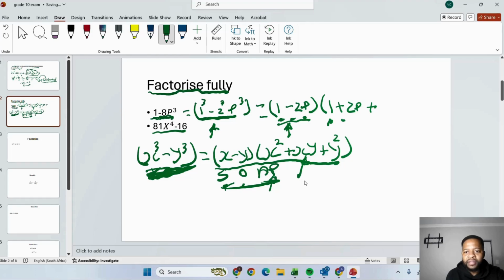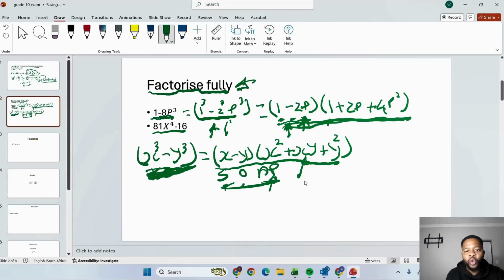The last term is 2p, so it's 2 to the power of 2, which is 4p squared, and then close brackets. So basically this is our answer of factorization, as the question says.